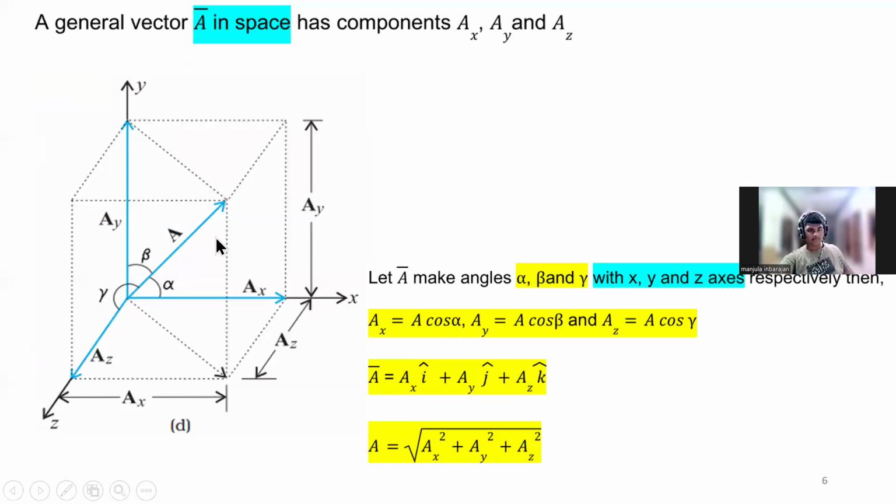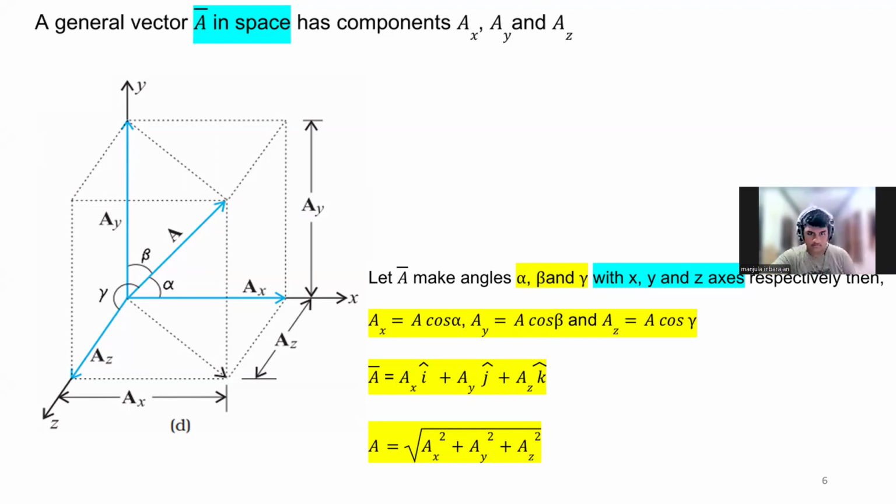So this is a vector not in the xy plane, but in an arbitrary direction, making an angle alpha with the x-axis, beta with the y-axis, and gamma with the z-axis. In that case, the components are a cos alpha, a cos beta, and a cos gamma. If it is 2D, it will be just a cos alpha and then a sin alpha.